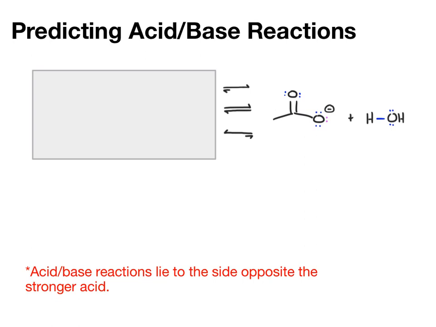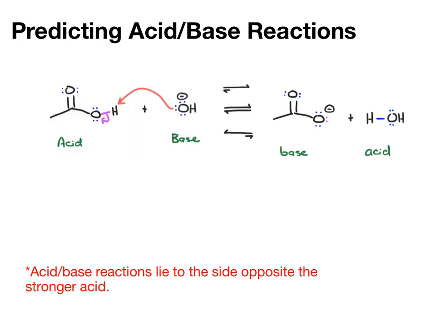You would say that this species here that has the negative charge, that's going to be our base. This species on the right with this proton to donate, that's going to be our acid. But now we have to consider the fact those things are on the right side of the equation. So what that means is we label them as the conjugates.